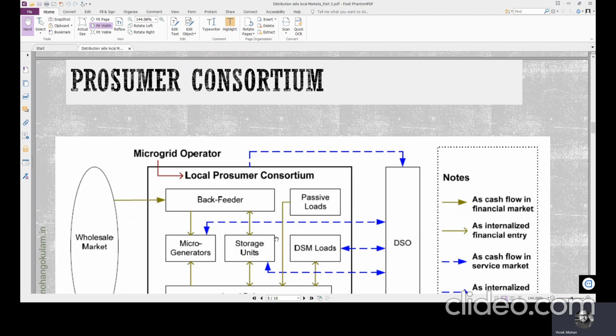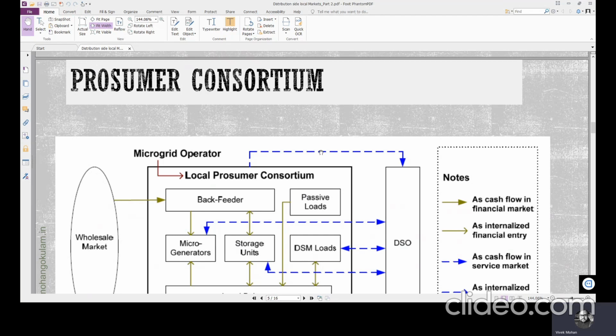So more than financial considerations, there should be technical considerations as well, but they may be neglected because of their profit motive. So here DSO has to intervene with strict guidelines on the technical feasibility side.